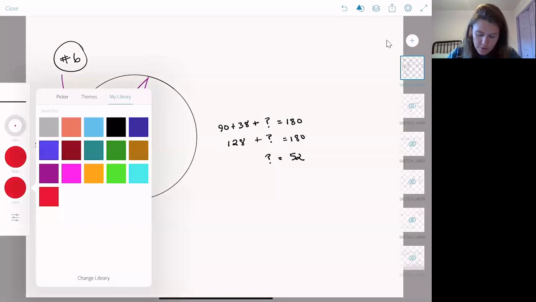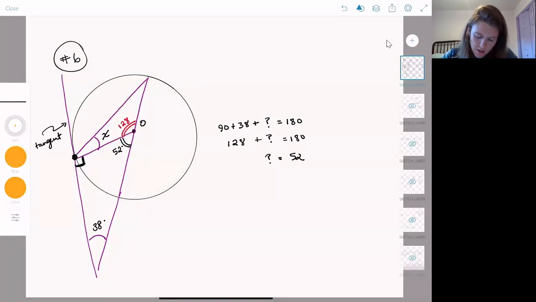And actually, because I know that this is my radius, and this is also my radius, the length of these two sides is equal to one another. So I know that the angles are also going to be equal to one another here and here.